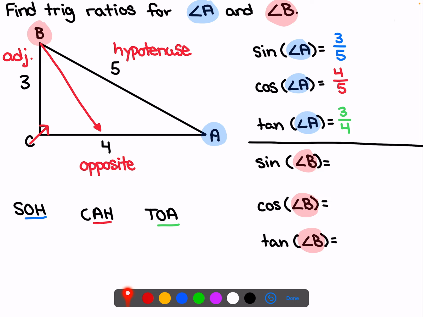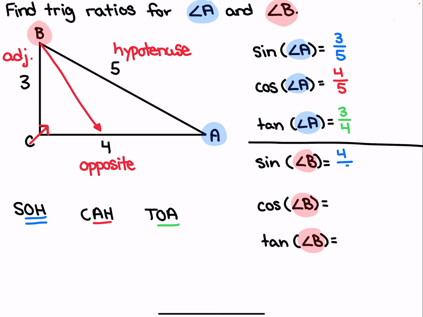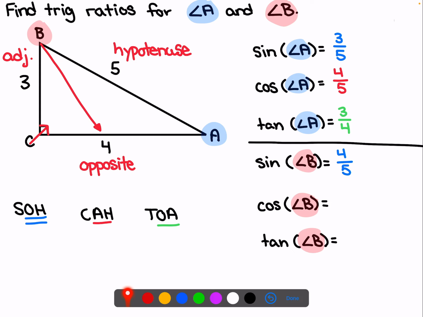Again, look for patterns. Look for anything that seems off or something that looks familiar. Starting with sine. Sine is equal to opposite over hypotenuse. So for angle B, that would be 4 over 5. Next up, cosine is equal to adjacent over hypotenuse. That would give us 3 over 5.